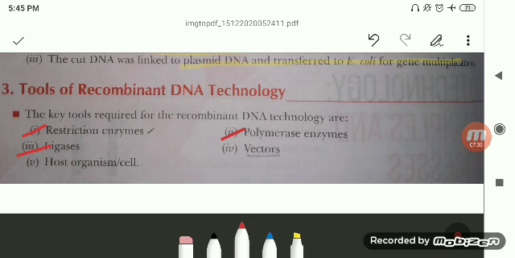These three enzymes play a very important role in constructing recombinant DNA and performing various biotechnology experiments, without which recombinant DNA and gene transfer are not possible.